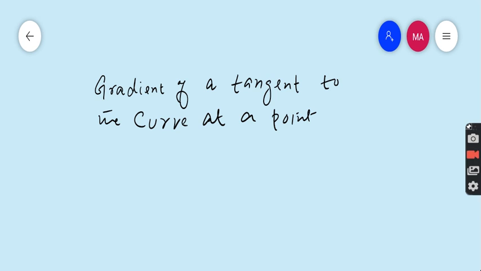That's it. Derivative or differentiation is the gradient of a tangent to the curve at a point.